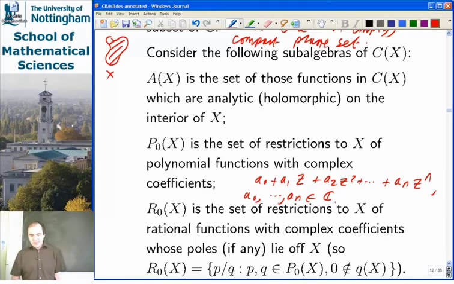Now, of course, that's defined on the whole complex plane, but then you can restrict those functions to x, and you get a set of polynomials restricted to x. If x has infinitely many points, then you can tell what the polynomial was from the restriction. If x has only finitely many points, then you lose lots of information when you do the restriction, and you can't tell which polynomial you started with.